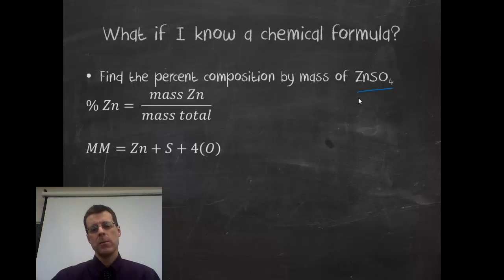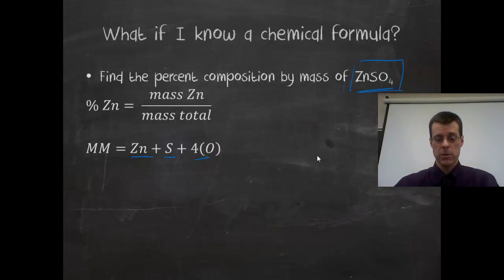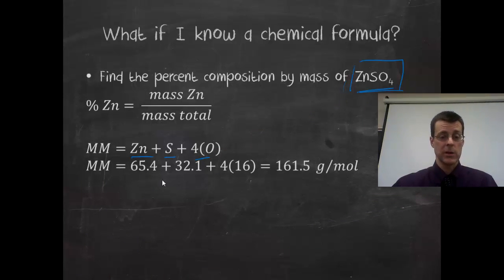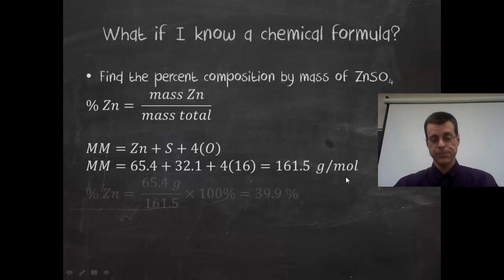The molar mass: if I took this as one particle, or 1 mole is more realistic, the molar mass of that would be the mass of zinc, the mass of sulfur, and 4 masses of oxygen. I get those numbers from the periodic table, so we have 65.4 for zinc, 32.1 for sulfur, and 4 times 16 for oxygen. Total mass, molar mass, 161.5.